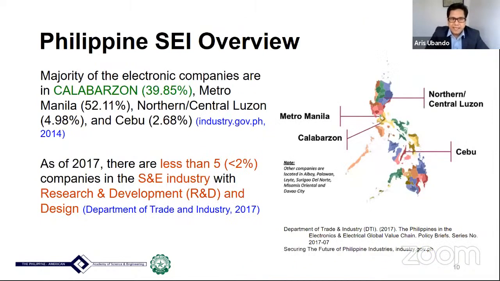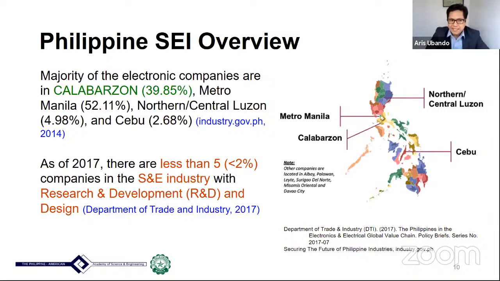Most of the SEI are mainly found in Metro Manila, which is 52.11%, in Calabar Zone, around 40%, North and Central Luzon, around 5%, and lastly, we have Cebu at roughly 3%.